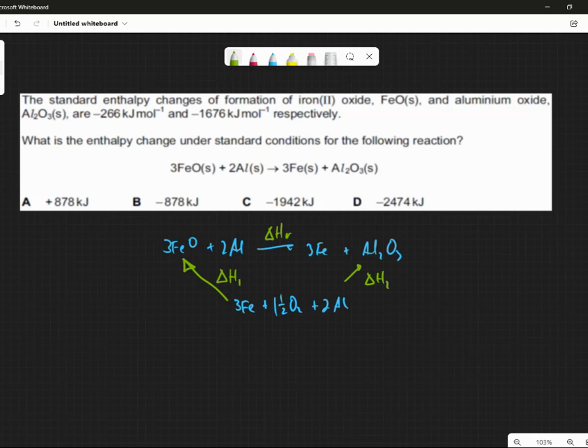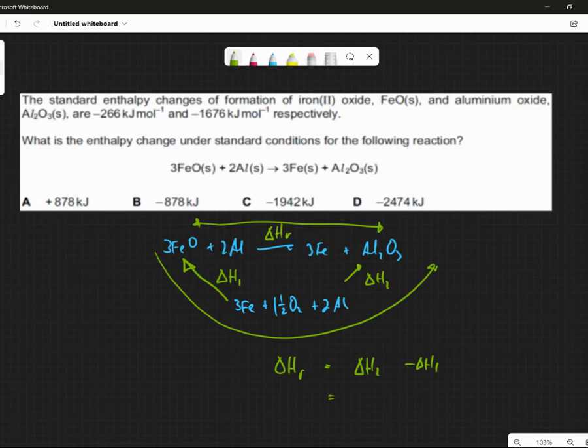Now, going from here to here is delta HR, and I could go all the way around that way. So delta HR is minus delta H1 plus delta H2.